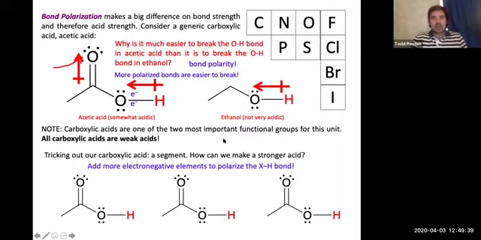Add more electronegative atoms. So for example, I could put a chlorine on here and make this chloroacetic acid. That's going to be a stronger acid than just acetic acid because it's got this chlorine here.